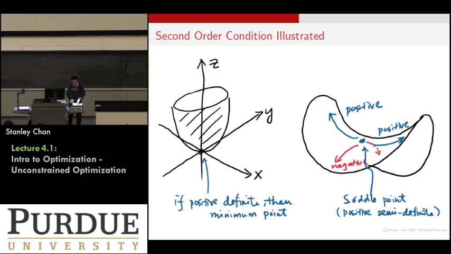You can have a surface where on one side there is positive curvature and on the other side a negative curvature, and that's called a saddle point. And in many optimization problems, you do run into this issue of saddle points. Therefore, with the sufficient condition, if I can show that at my x star the curvature is strictly positive, then I can guarantee that it is this case and not that case.